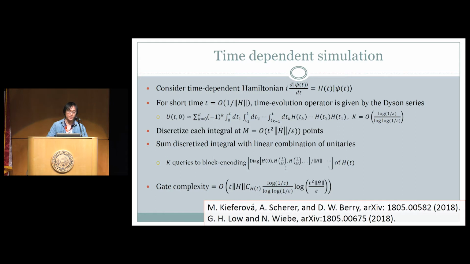But if you mash these factors together, you'll find out that the cost of simulation is going to be linear in time. It's going to be linear in the spectral norm of your Hamiltonian. That's the maximum spectral norm. It's going to be linear in your cost of this block encoding. It's going to be linear in k. And now we have the cost of this uniform superposition over simplex. That's the log of n points because it's a uniform superposition.